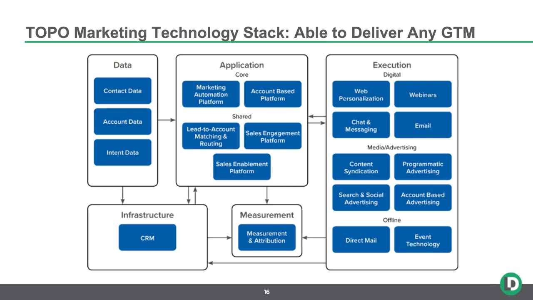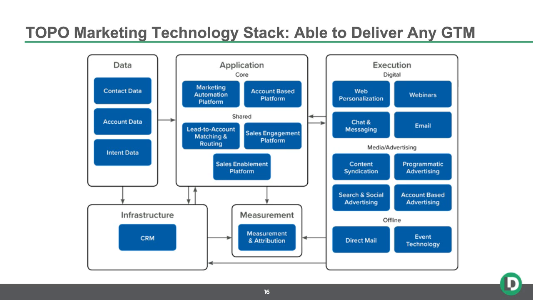So maybe for your small business, that's still going to be inbound. Maybe for mid-market, you're going to do more outbound. But maybe for large enterprise, that's where ABM fits in. So most marketers and most companies, as they grow and become bigger and sell to a vast audience, need to be able to deliver on any go-to-market motion.